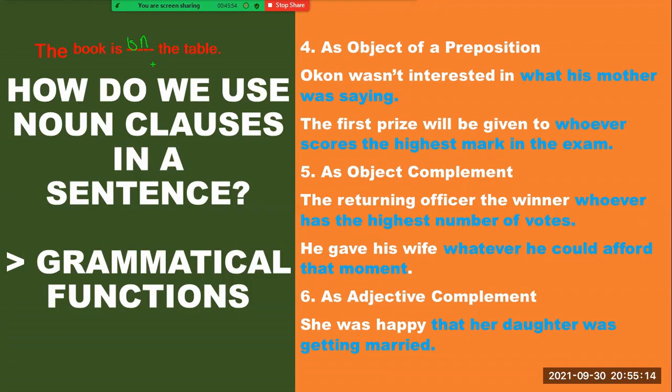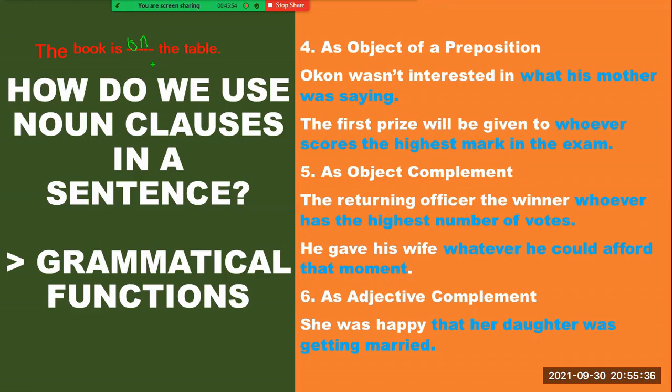All right, so we can see that there is a relationship between the book and the table. So if you are looking for the book, then you have to locate the table, and you will find that the book is on top of the table. So the preposition indicates the relationship that exists between one thing and another.